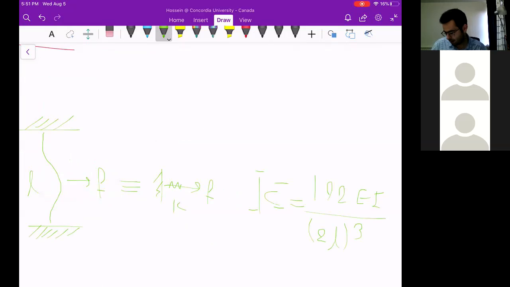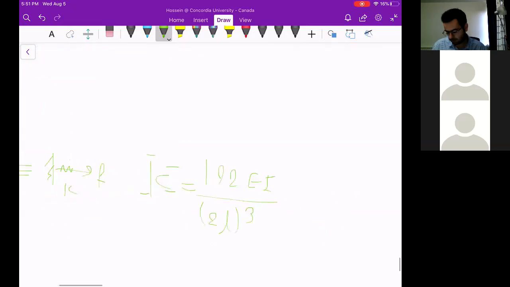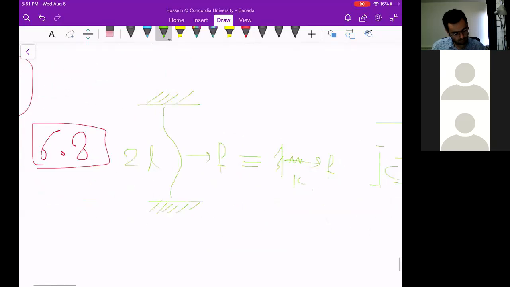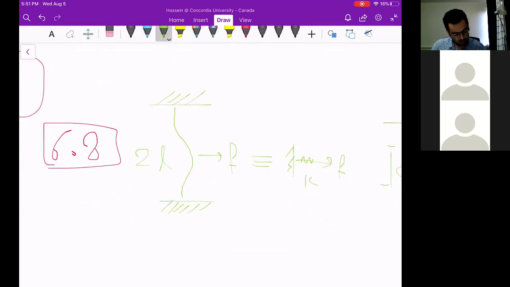For the building, this is the formula it will give you, but for the building you could say that this point has the same displacement, and you could show it by two springs rather than one spring.